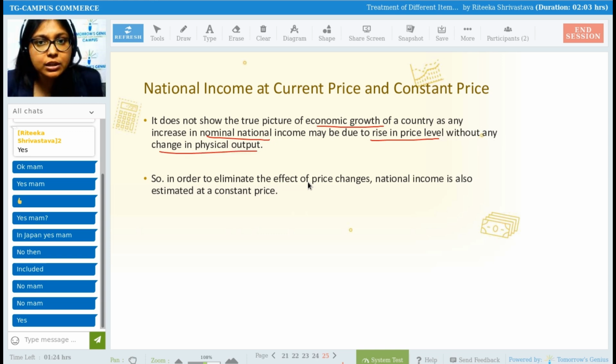See, if we measure national income on the basis of current price, we might feel that our profit has increased because the price of the good has increased as compared to 2011-12. That means this year we have earned more profit.